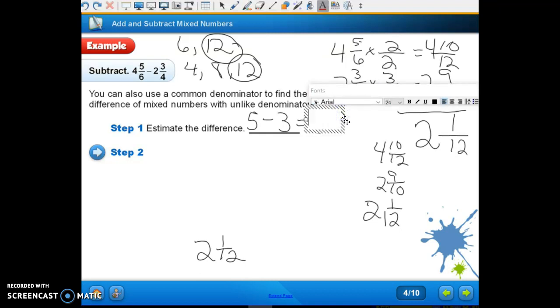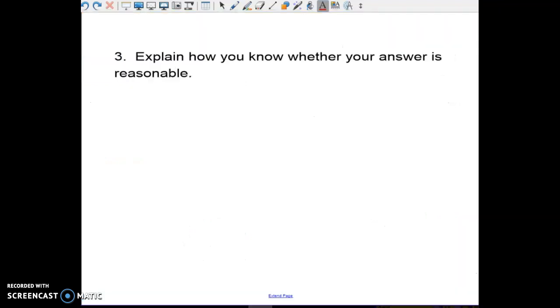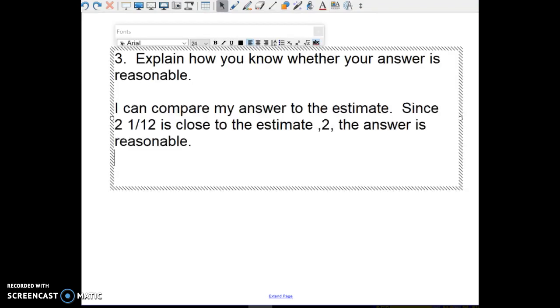And what did we get for our answer? 2 and 1/12. So it is close to our estimate. I can compare my answer to the estimate. Since 2 and 1/12 is close to the estimate of 2, the answer is reasonable.